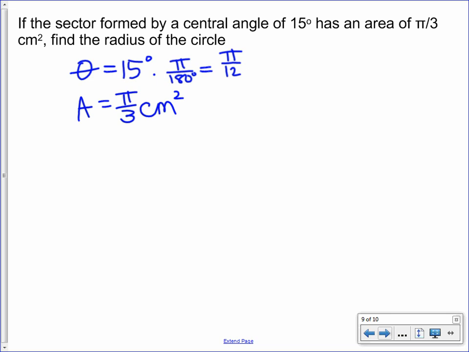Well, let's think about it. If 30 degrees was pi over 6, then 15 degrees would be pi over 12, right?